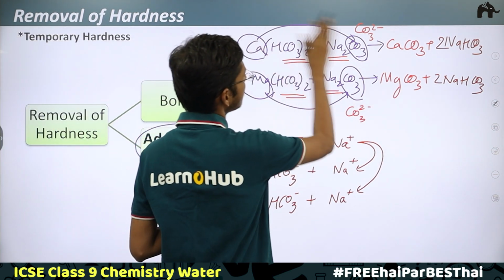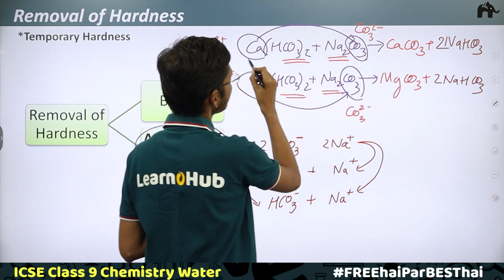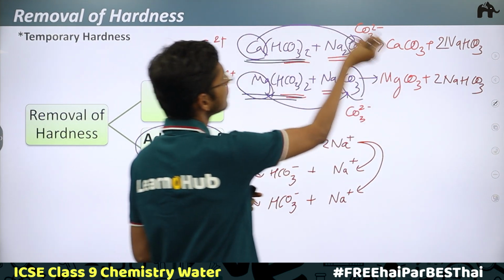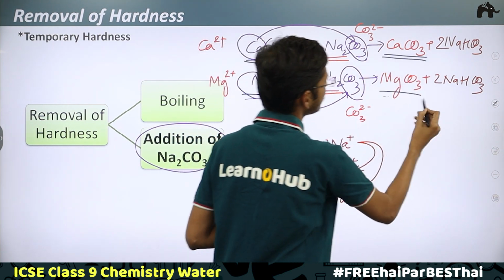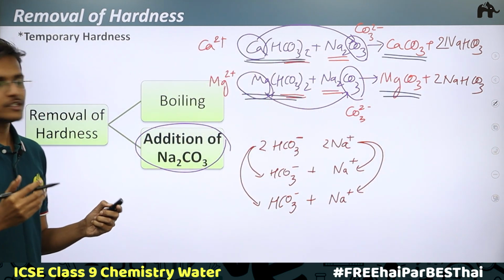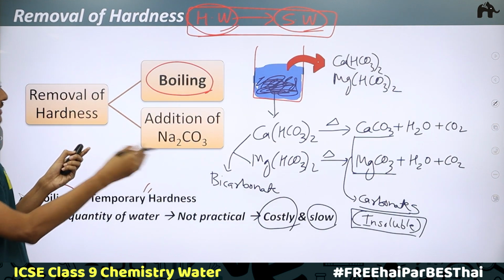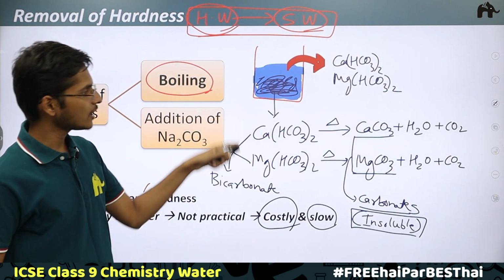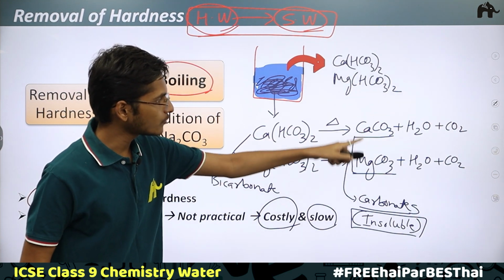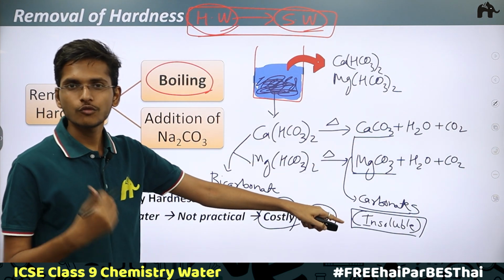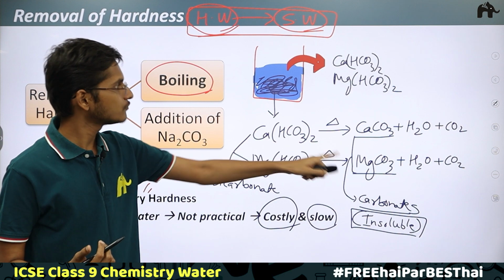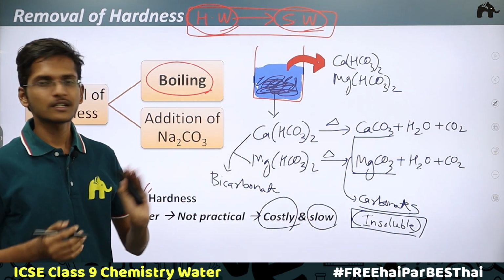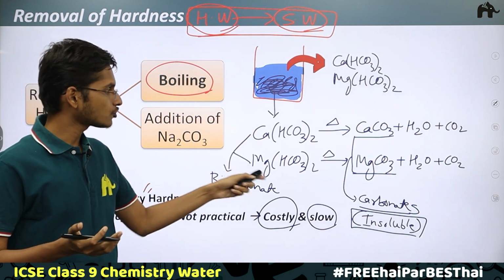We removed the calcium bicarbonate and magnesium bicarbonate in the form of their carbonates. I haven't explained this because in the previous one we have seen this. The soluble bicarbonates of calcium and magnesium were converted into insoluble carbonates of calcium and magnesium. These insoluble carbonates would be present in the water, so we can filter and remove them and our water would be free from these two salts.